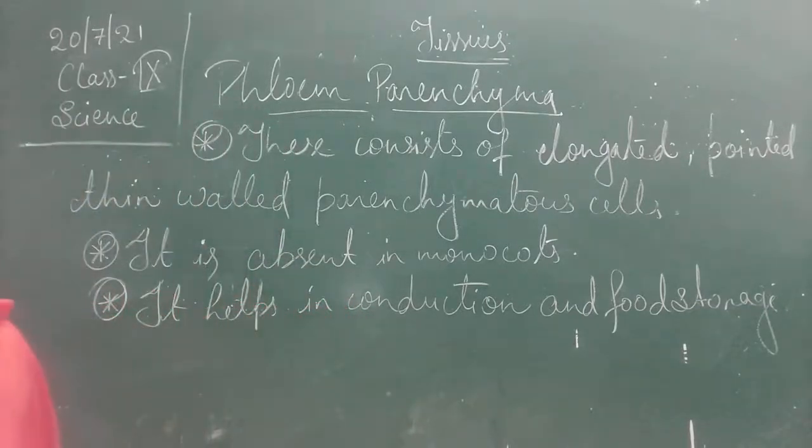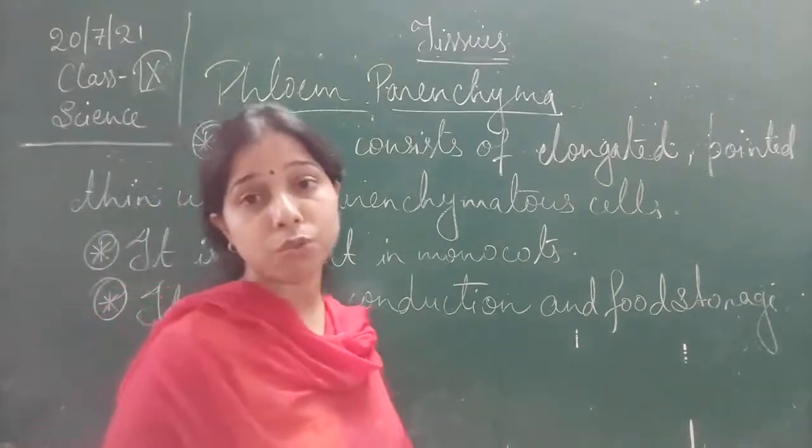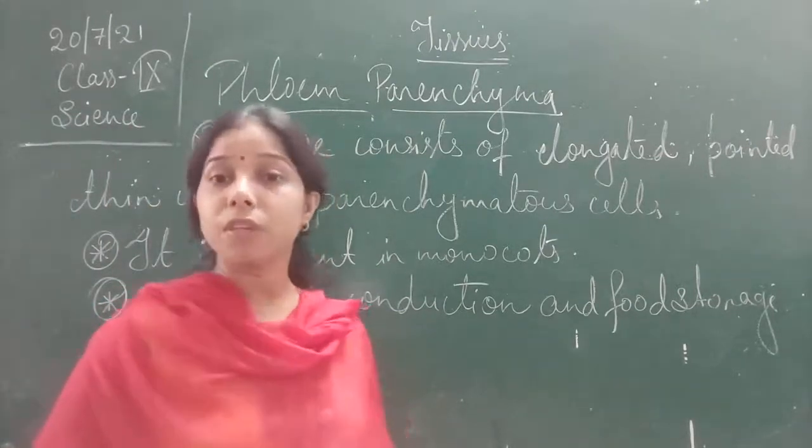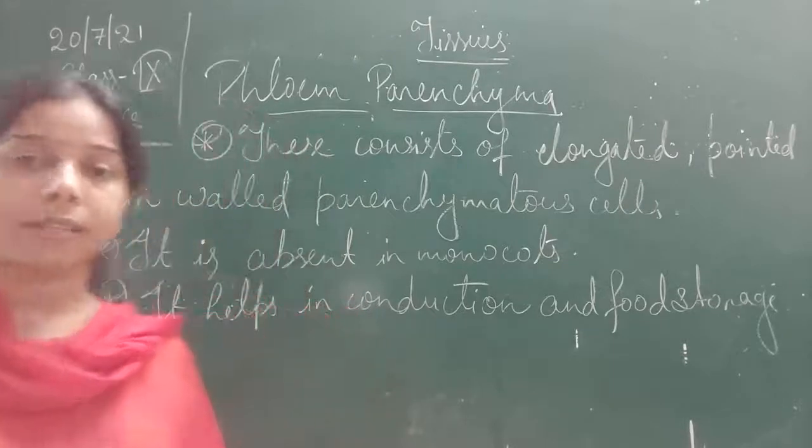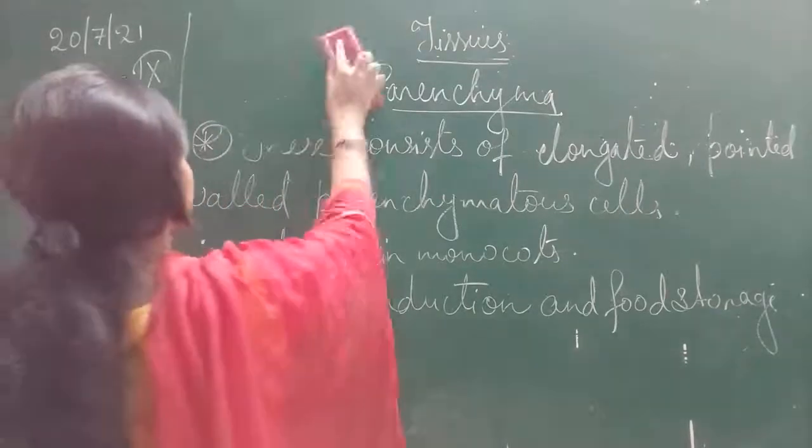Now there are also some protective tissues in the plant, which include the epidermis and the cork cell. This is the last kind of tissue in the plant.